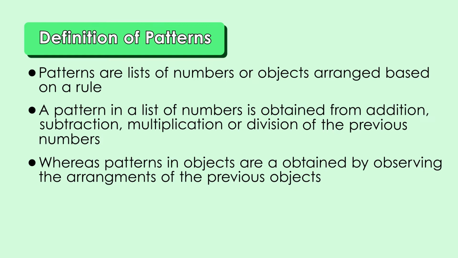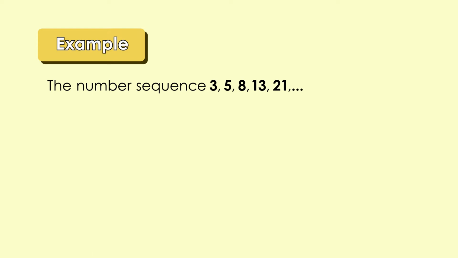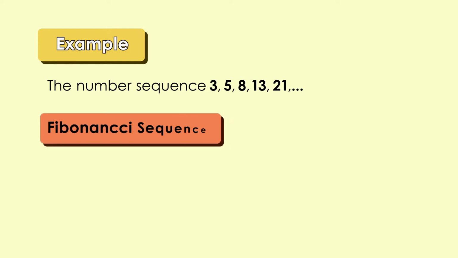Boys and girls, let's look at the following examples. The number sequence 3, 5, 8, 13, 21 is part of the Fibonacci sequence we have seen previously. After 3 and 5, all the rest are the sum of the two numbers before.